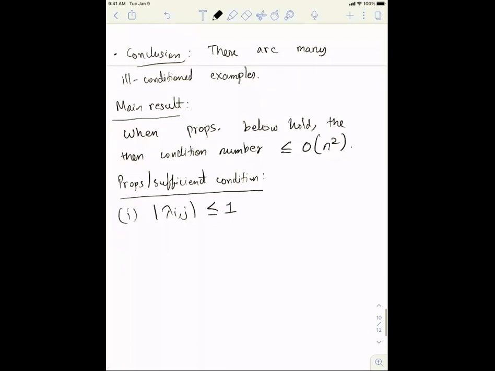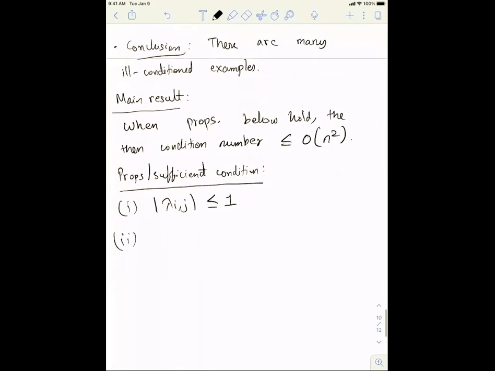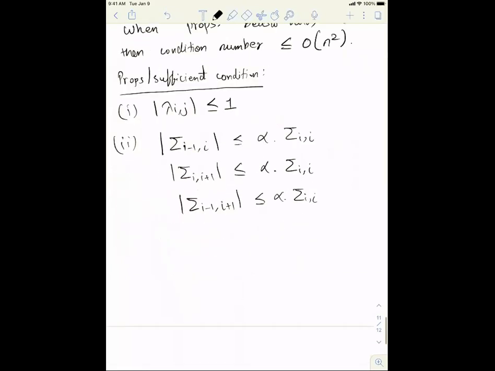And the second condition is something like diagonal dominance. So in particular, you want each of these variables, each of these should be true, for some alpha strictly less than 1.